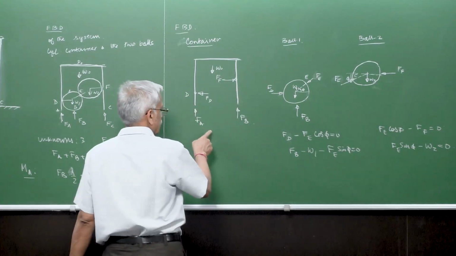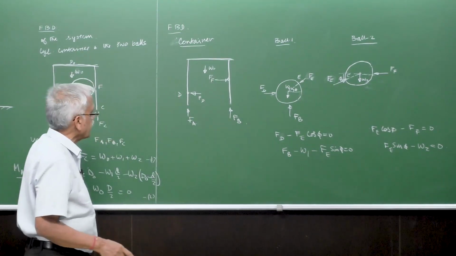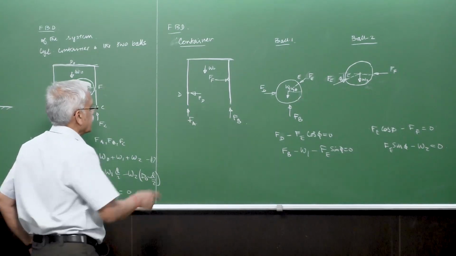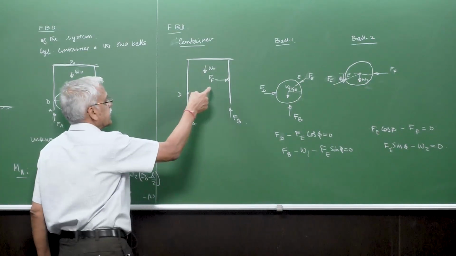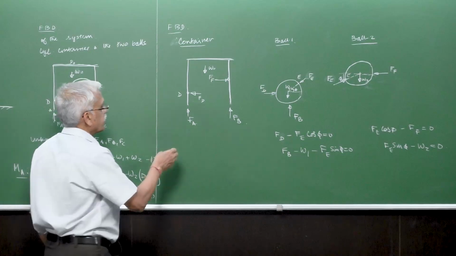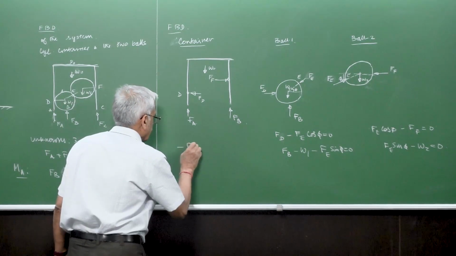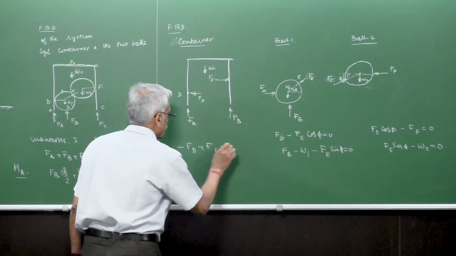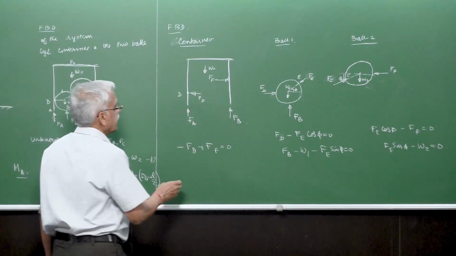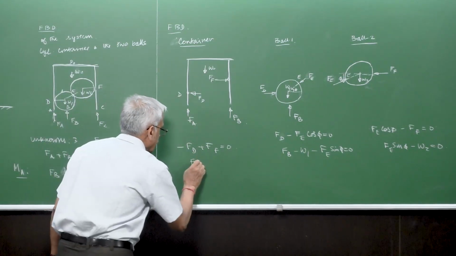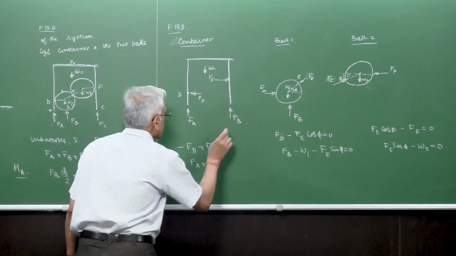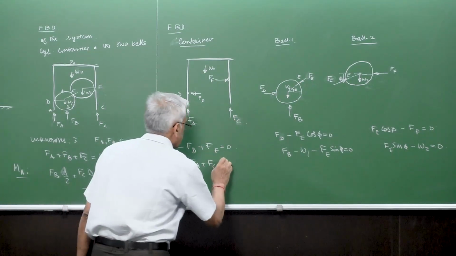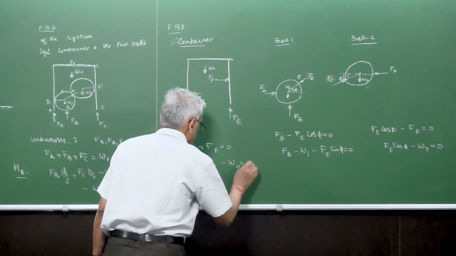Okay, so I'm just coming back to this one, where we only talk about the container. The interesting thing is that there are only two horizontal forces, very easy to find out. Horizontal equation: minus Fd plus Ff is 0, right? And vertically, Fa plus Fc minus W naught is 0.